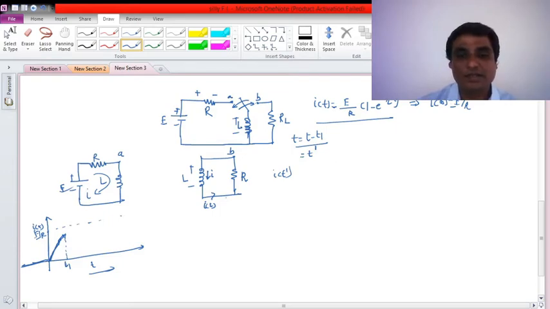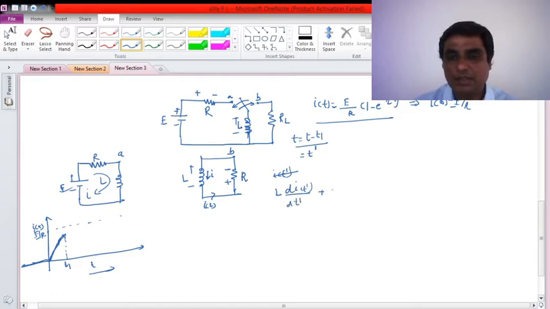So let us write this KVL here. As current is flowing this way, let me have the polarity that way. So the KVL for this will be L di of t dash by dt dash plus I into R, which is 0.